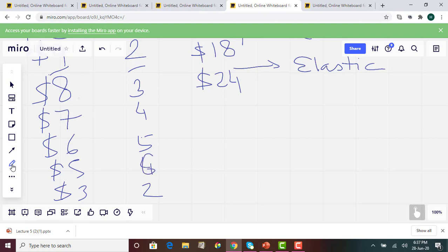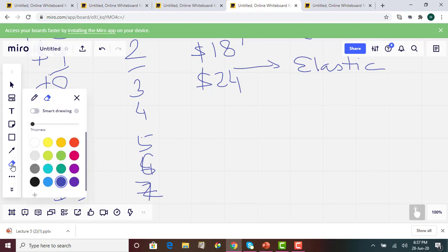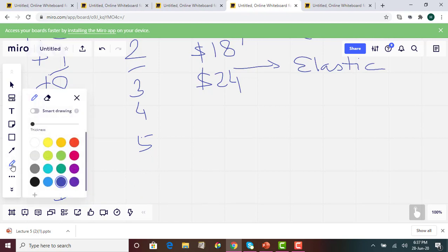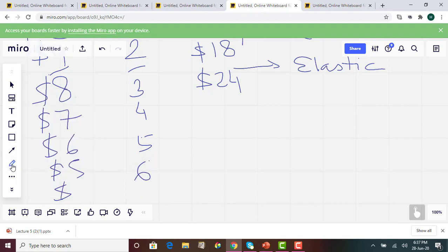This should be 6, and this should be 4, and this should be 7. Let me correct the table.